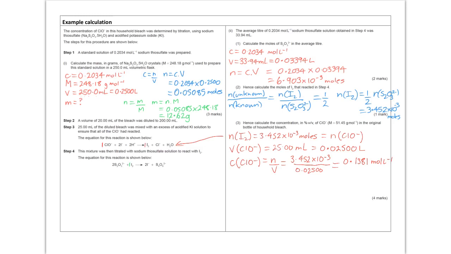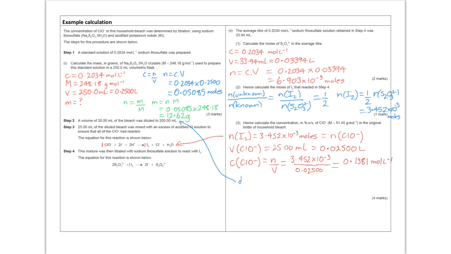But now we need to take into account that we did a dilution up here. So we diluted 20 mil into 200 mil. So we diluted by a factor of 10.